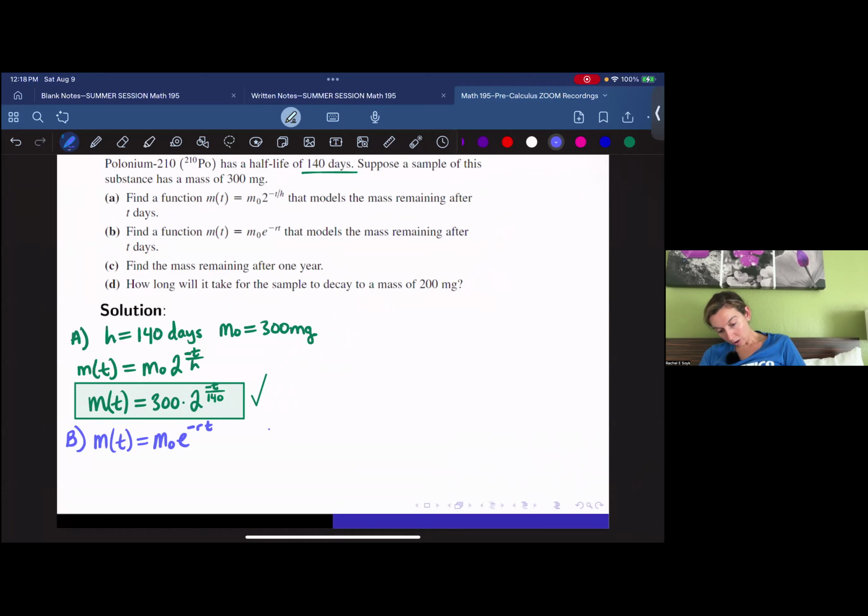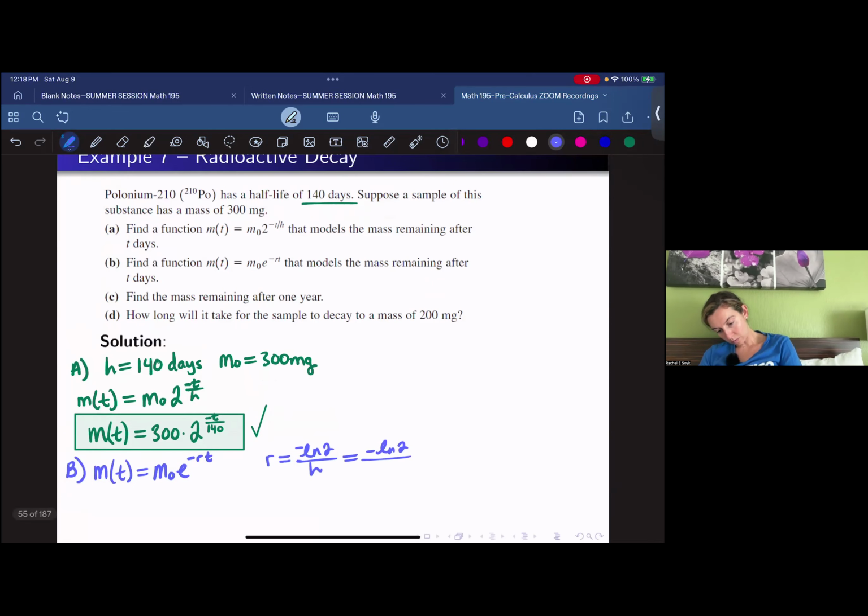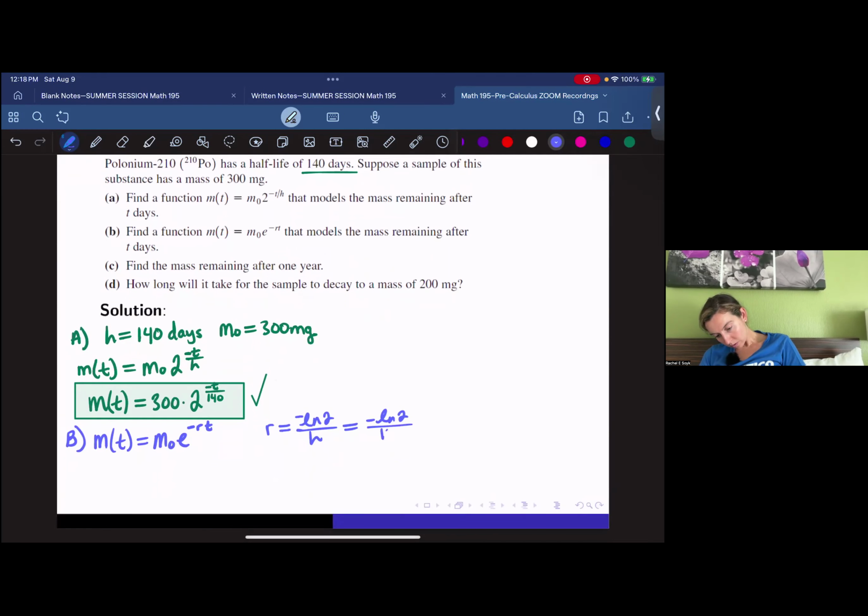And our r, our decay rate, is ln of 2 divided by our H. It's decaying, so it's negative here. And we know that our H is once again 140. So negative ln of 2 over 140. And then our m sub 0 is 300.